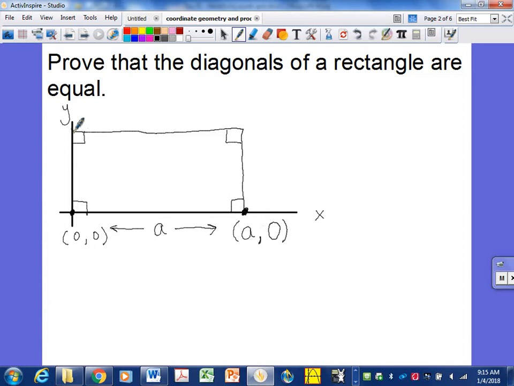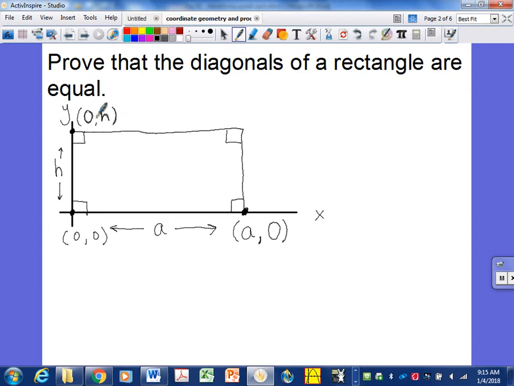Now what about up here, this point? How high, what letter do you want to go in height? Q is not a good letter to put. It looks like a 9. H for height? Okay, whatever. Don't use Q's. So if I go H up, what are the coordinates up here? How far have I gone in the X? 0 in the X and H units up.